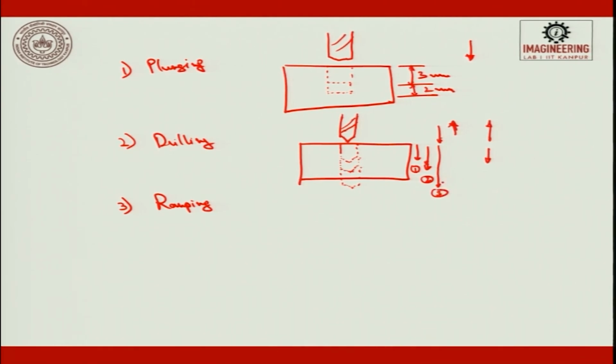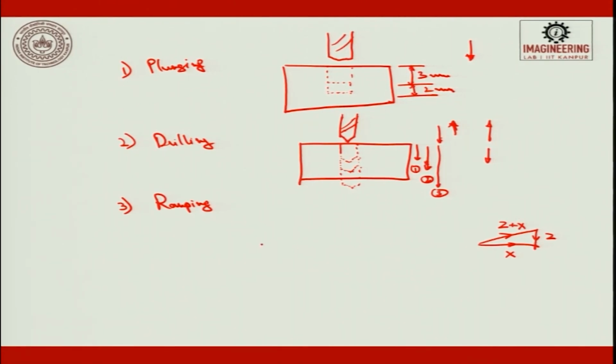What is ramping? As we know, a ramp is a wedge kind of shape. In this, the tool can move in the z direction, it can move in the x direction, and it can also move in the z and x directions together, z plus x direction.